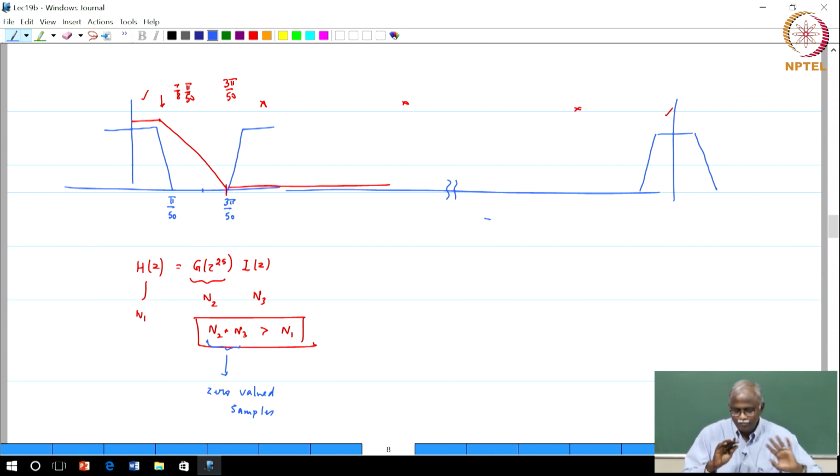Now, just as a passing comment, where does the next copy of the signal actually lie? The next copy of the signal actually lies here, right. If you go back and look, the signal is preserved in the passband. So, the first copy of the signal is here, the second copy of the signal is here. So, in principle you could have designed your transition band to start here and end here.